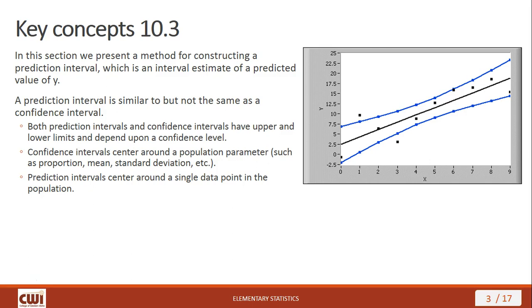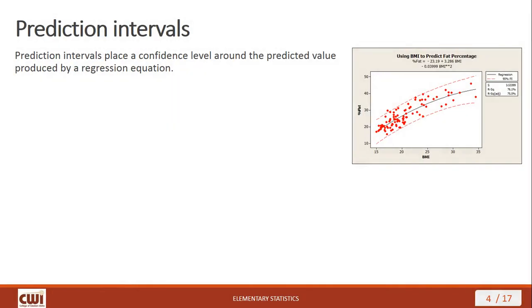Prediction intervals also have an upper and lower bound, but the center of that interval is not a population parameter. Instead, it's a single data point within the population. A very important difference, but that's what makes a prediction interval different from a confidence interval. So, when we're making prediction intervals, we're basically placing a confidence level around a predicted value.